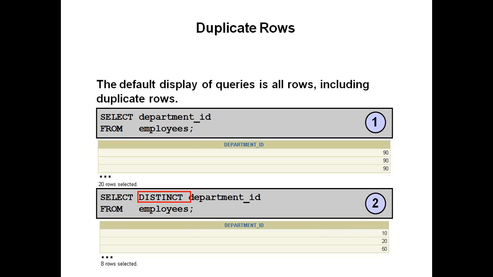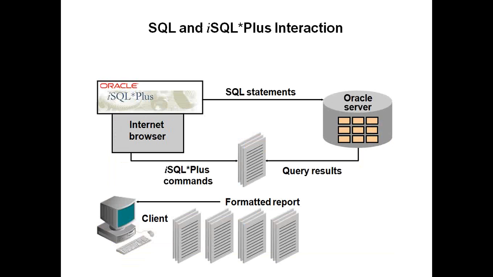We can avoid those duplicate rows being displayed on the screen with the help of the DISTINCT keyword. The moment you say SELECT DISTINCT from that particular table, you will be getting only unique values. The repeated values will be hidden by the database itself. So that is how we have the DISTINCT keyword.